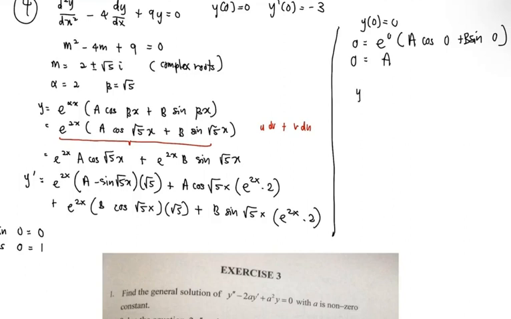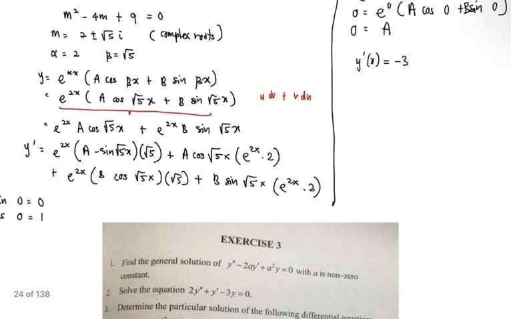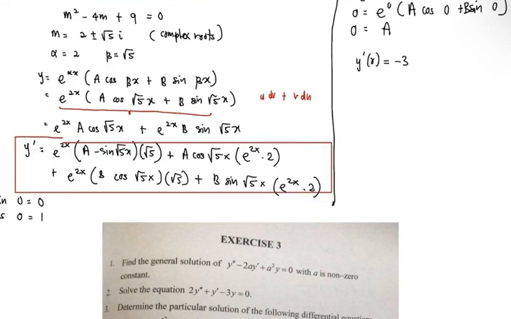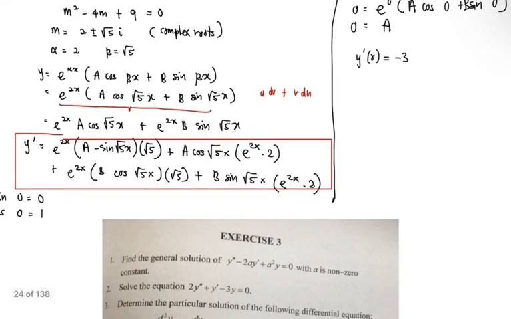Secondly, we have y prime(0) equal to minus 3. So we are going to use this one. Let's box this one first. When I substitute sin 0 here, I get 0, so I can cancel this.